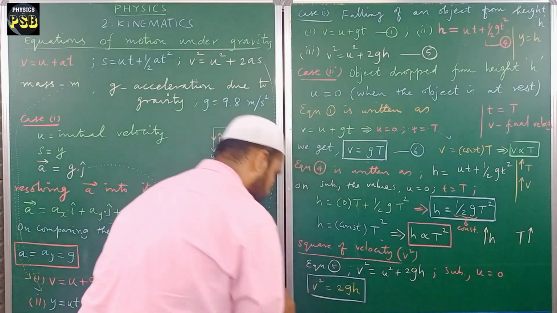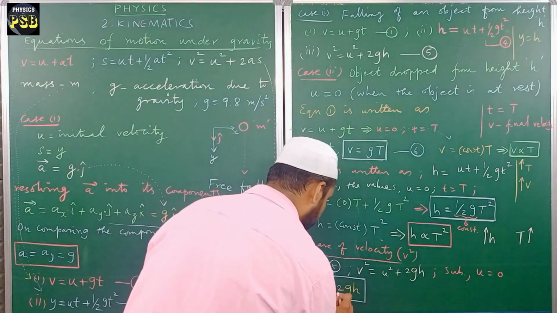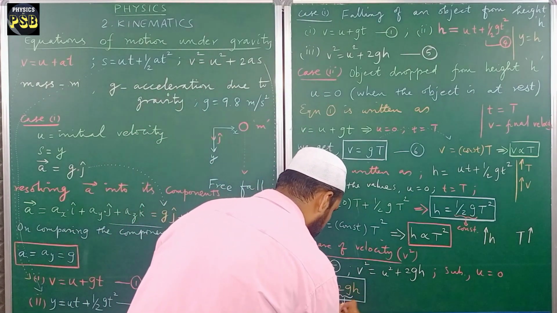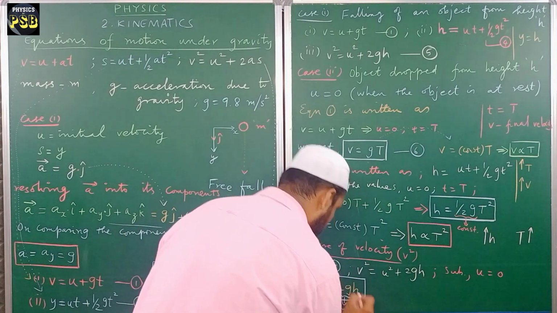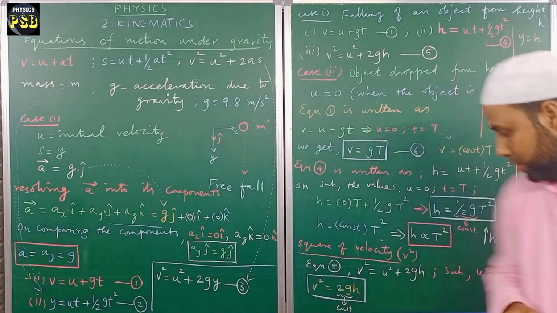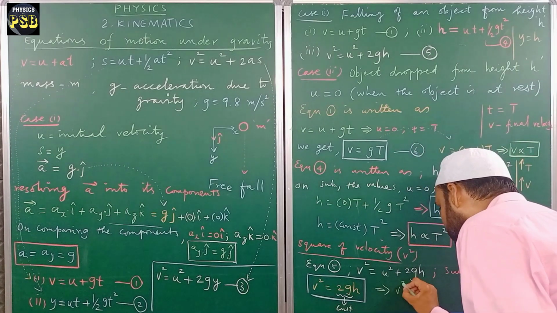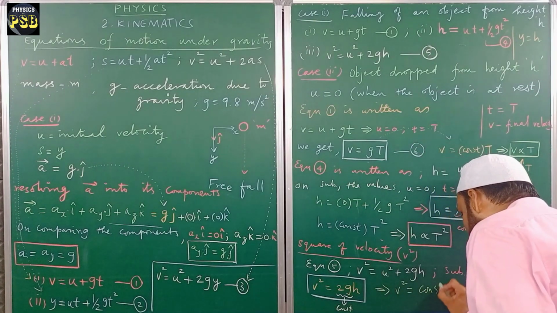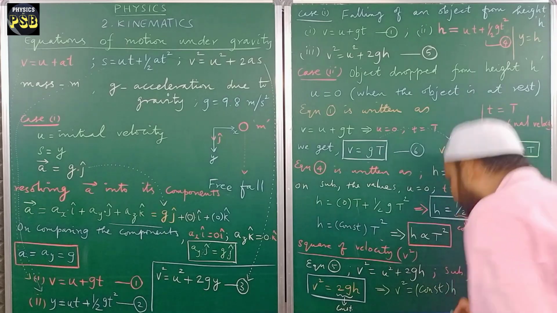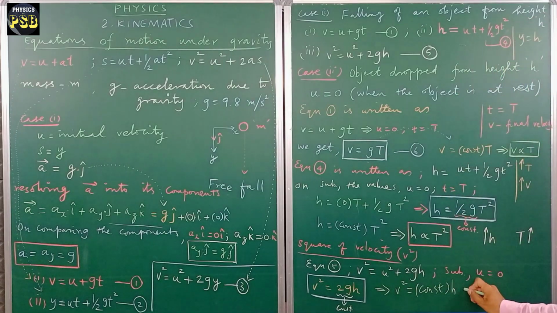Again here, this 2g term is a constant. Right? So I got a new equation: v square is equal to a constant multiplied with height. So on combining these two, I get v square is directly proportional to h.